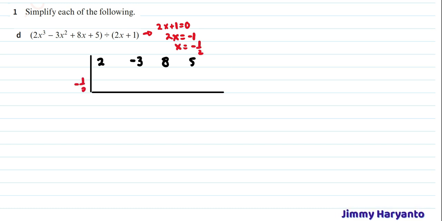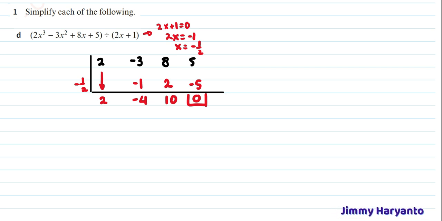That means you will write down negative half right there. The 2 going down. You multiply this, you have negative 1, and then add negative 3 and negative 1, you'll have negative 4. Multiply this, you'll have 2. 8 plus 2 equals 10. 10 times negative half equals negative 5. That means the remainder equals 0.